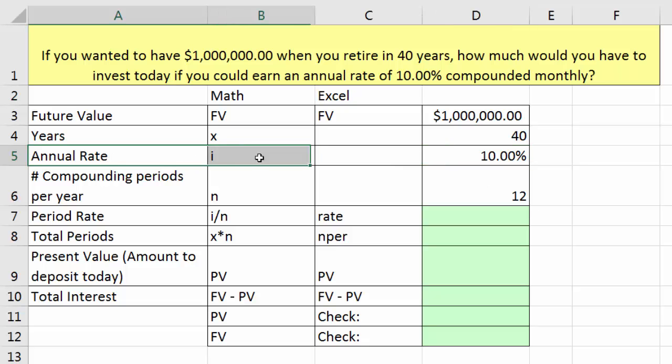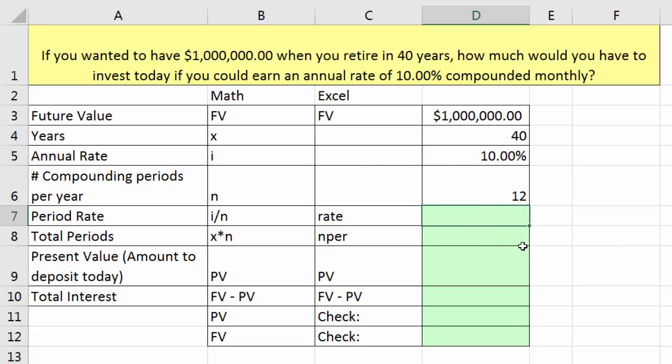But we're going to assume that the annual rate in whatever investment we make is 10%. And actually, historically, if you invest over long periods of time, like 40 years or 10 or 20 or 30, 40 years, 10% return is not uncommon when you invest in stocks.